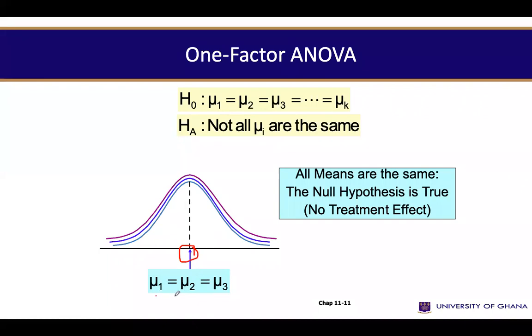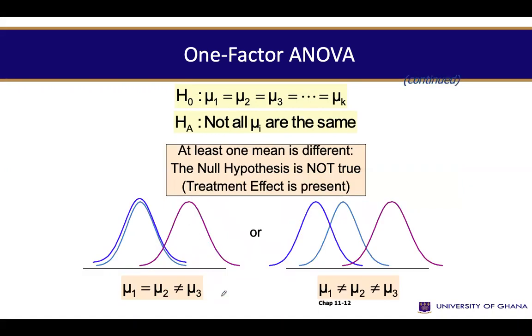So mu1, mu2, and mu3 are equal. But if at least one is different, then you can have mu1 and mu2 being different, and then mu2 and mu3 being different, or mu1 and mu2 being the same but mu3 being different. Or you can have the three of them all different at the same time.